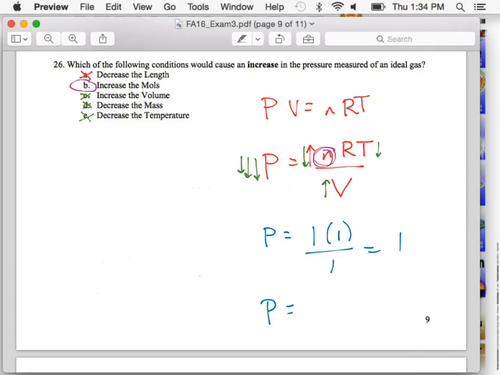If I increase the moles, instead of it being 1, let's make it 100. R and T comes out to 1, volume was 1, our value is 100. What happened to the pressure? It increased. So you can do those kind of random substitutions just to see what happens. Make sense? Next.